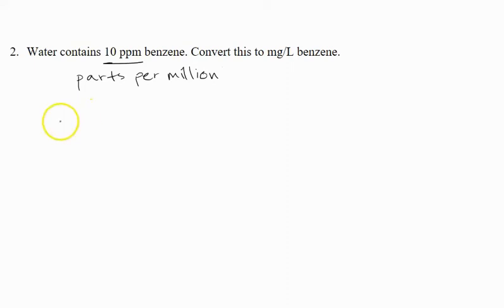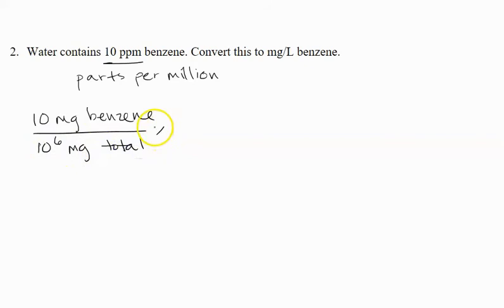We could think about that as 10 atoms of benzene per million atoms, or as 10 moles benzene per million moles. I am going to think about it in this example as 10 milligrams of benzene per million, so 10 to the 6th milligrams total.